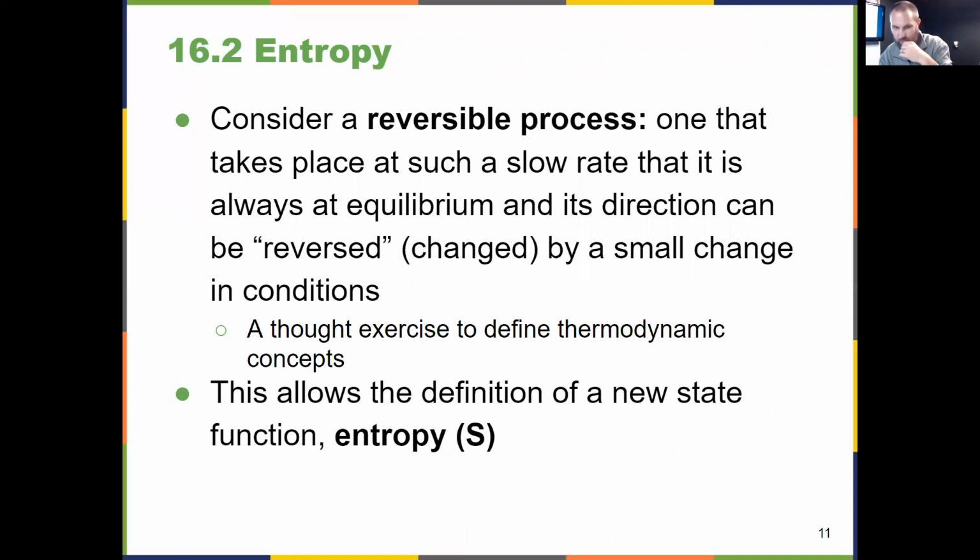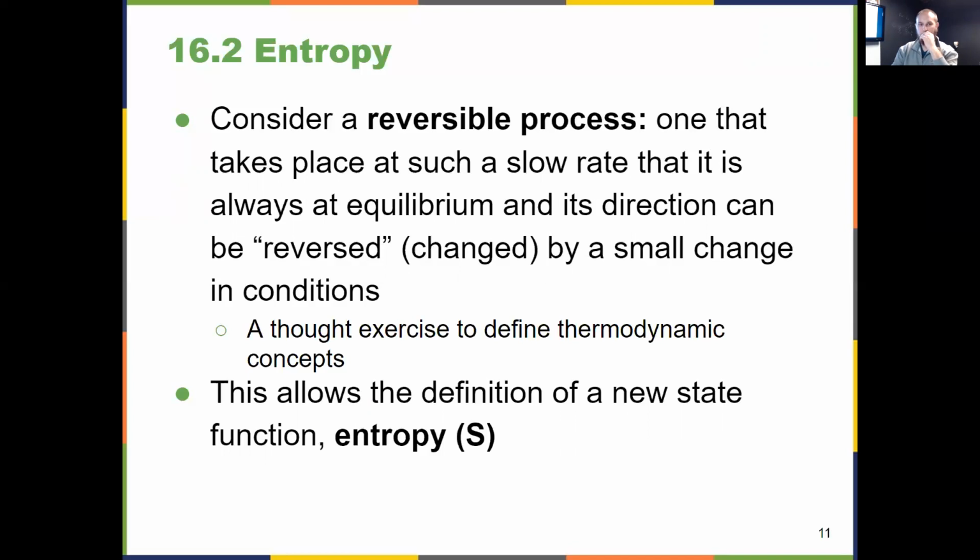Infinitely slow, which means every step of that reaction is arguably at equilibrium, meaning that the direction of every step in that reaction can be changed. We can reverse it by any change in conditions. A small change in those conditions would send the reaction back, like a teeter-totter with those equilibrium reactions.